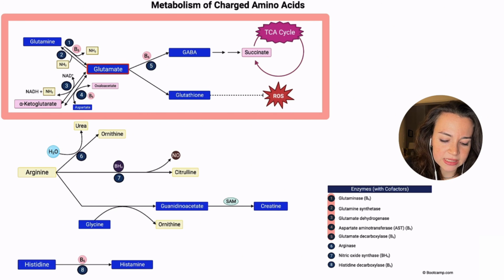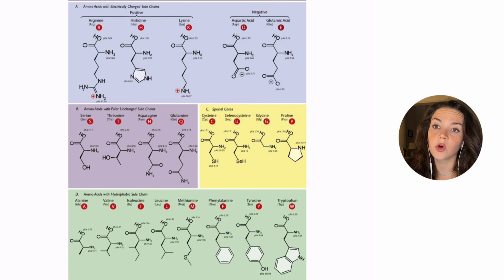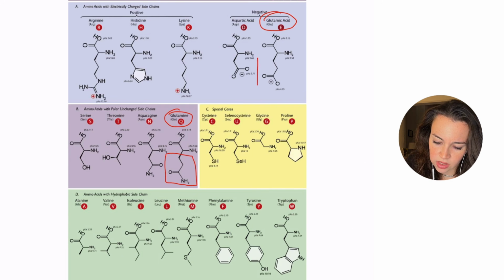The first way is by deamination of glutamine. So if you go back and take a look at the structures of our amino acids, here's glutamine, here is glutamate. Here's the R group for glutamine, here's the R group for glutamate. And you can see that the only difference between glutamine and glutamate is that glutamine has an amine group right here.